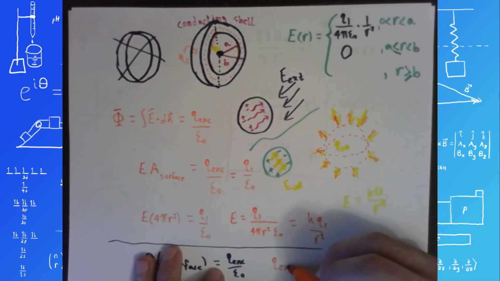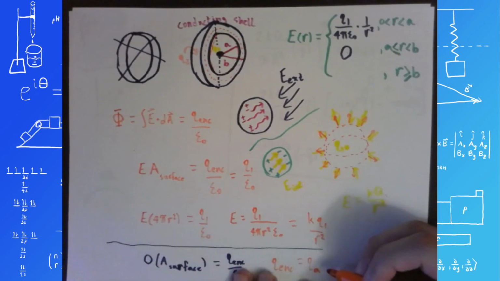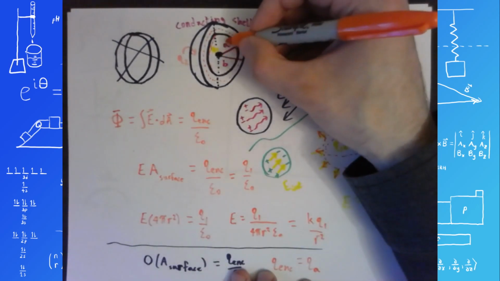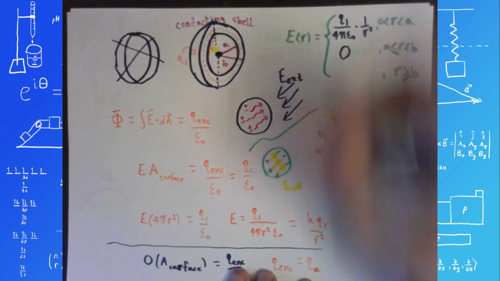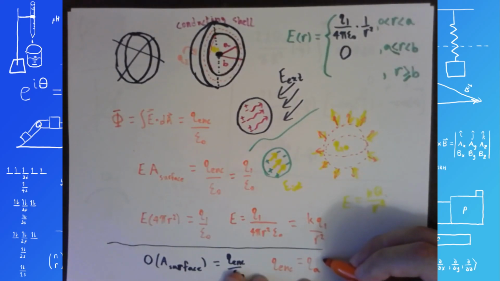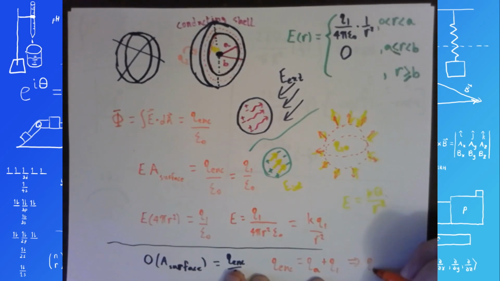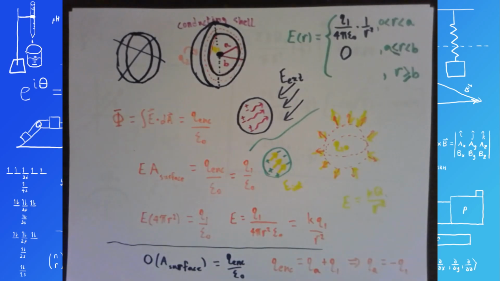Q enclosed equals Q at, I guess I'm going to call it QA since it's at a distance of A from the center, plus Q1. This leads us to the conclusion QA is equal to negative Q1.